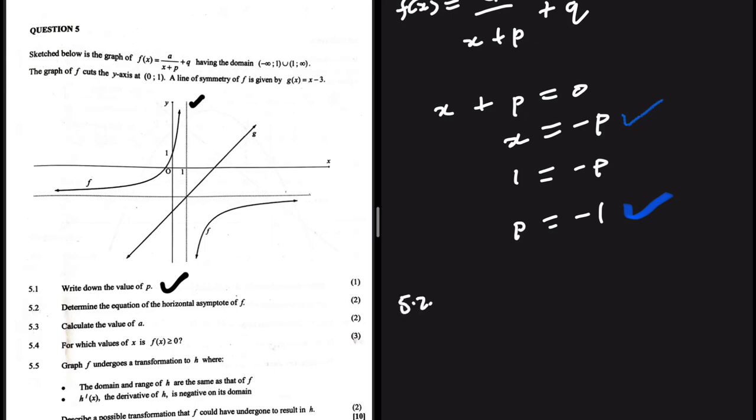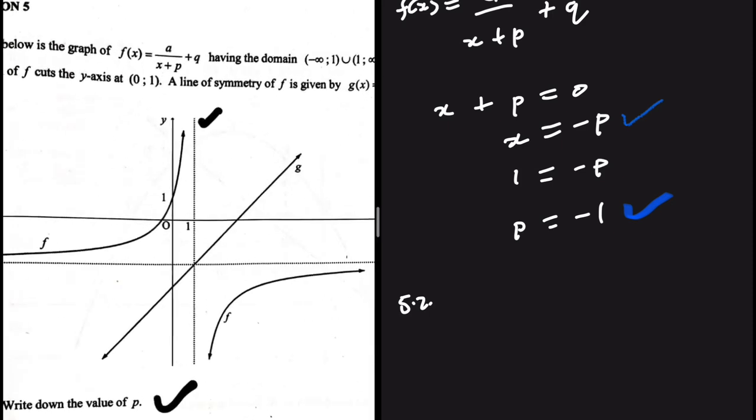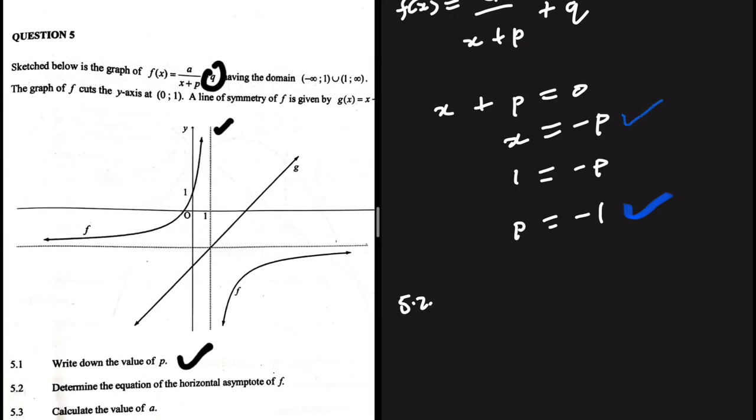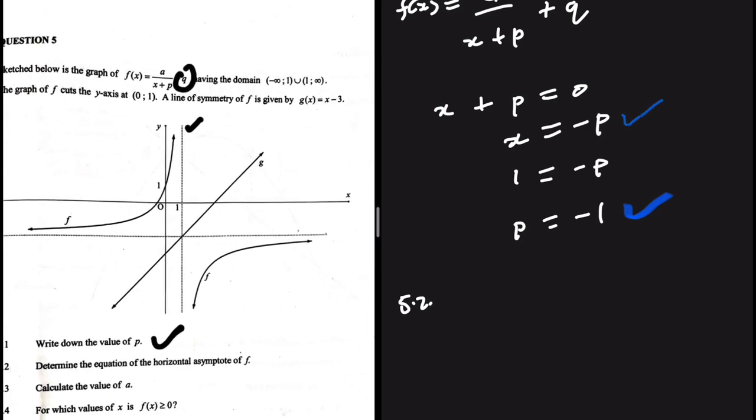Okay, and then 5.2, determine the equation of the horizontal asymptote. The horizontal asymptote, we are looking for the value of q. That is the horizontal asymptote. So how are we going to do that?